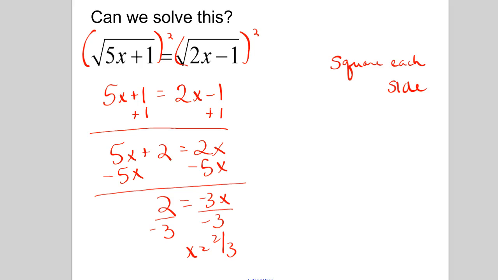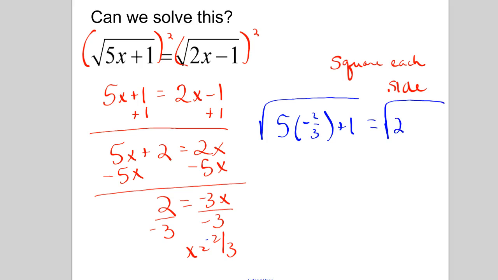Well, is 2/3 a solution here? Not really sure. Let's check our work. Does the square root of 5 times a negative 2/3 plus 1 equal the square root of 2 times a negative 2/3 plus 1?